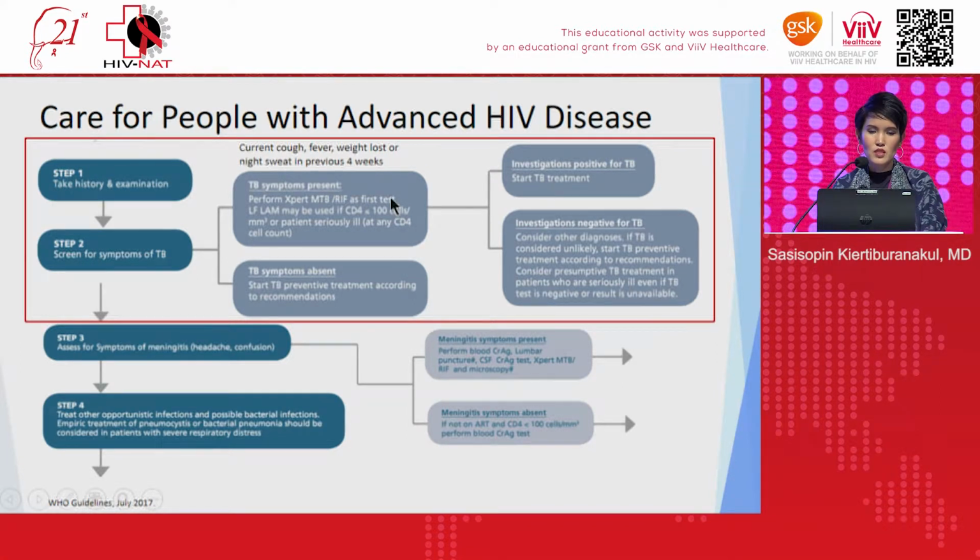If TB symptoms are present, you can do the diagnosis with either Xpert MTB if you have it, or urine LAM if you have it. Some hospitals don't have any of these investigations, so acid-fast bacilli staining is also the standard in some hospitals.